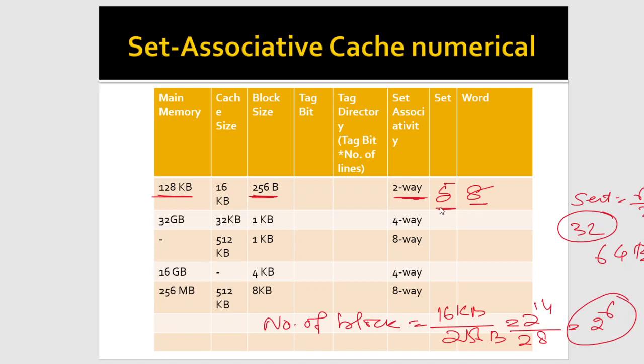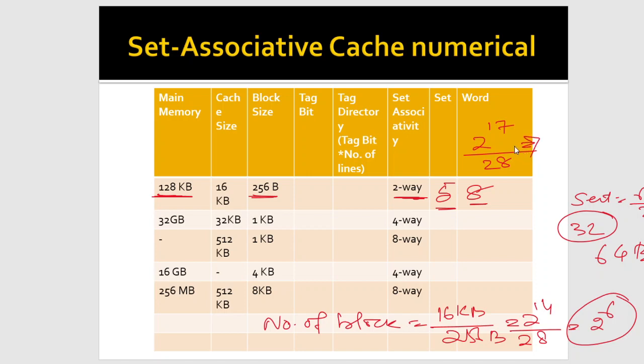Then what is the tag size? Tag size means what? This is how many bytes? 128 KB. 128 KB is how much? 128 means 2 to the 7, so 2 to the 17, divided by block size, 2 to the 8.